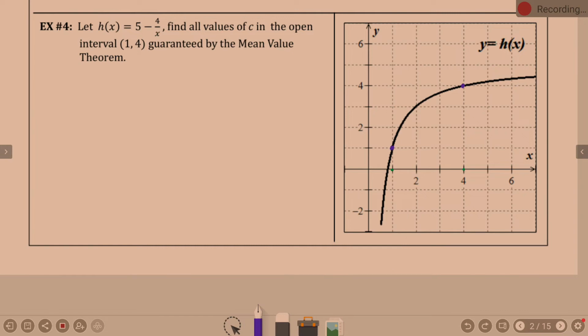So what are we doing here? We're looking at a secant line. And why am I using 1 and 4? Because that is the interval we are provided, right?